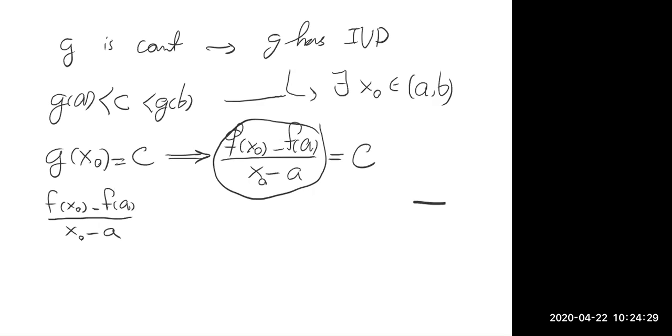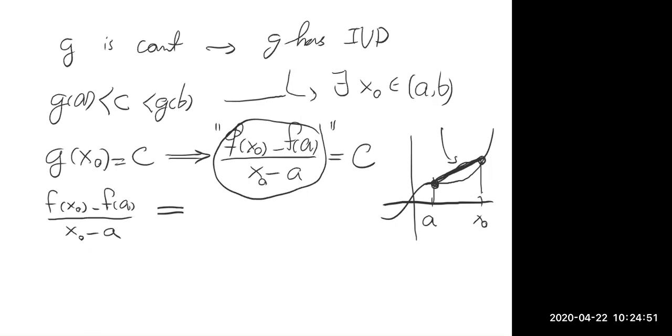If you look at the graph of the function f from a to x naught, this quantity here, f of x naught minus f of a over x naught minus a, is the slope of the graph here. Maybe draw the graph like this. This is the slope of this segment here.